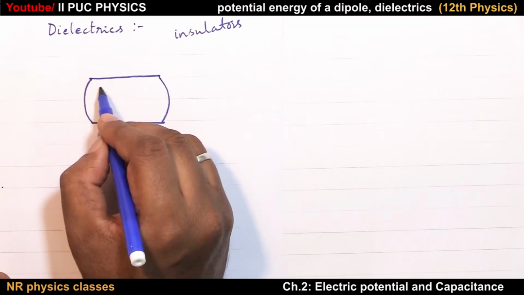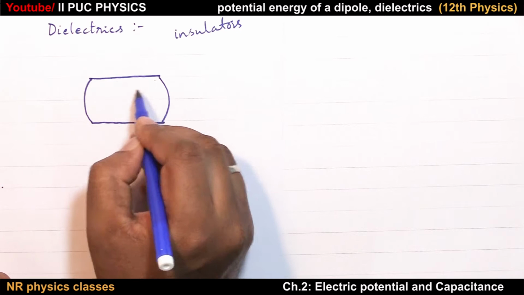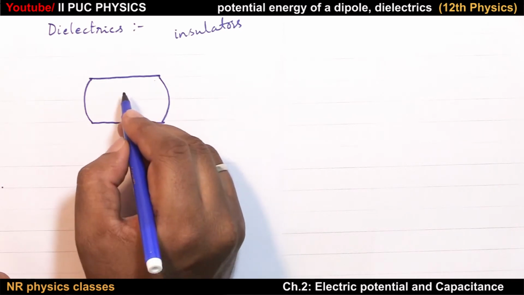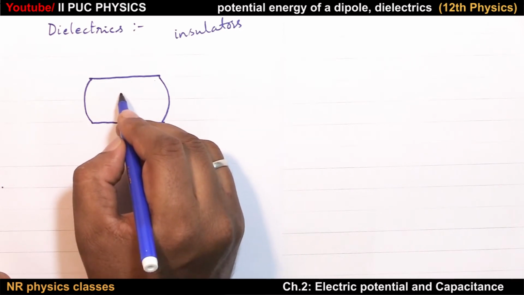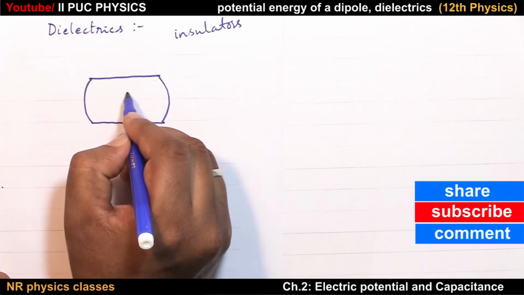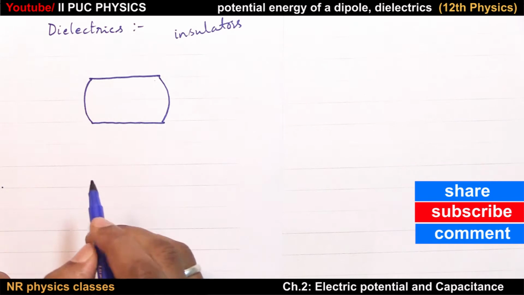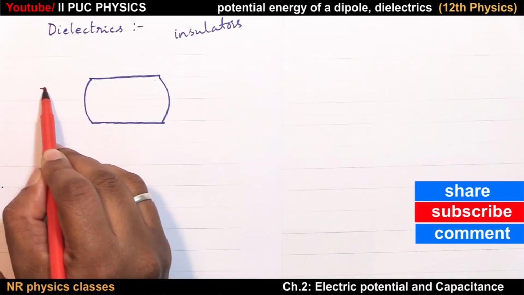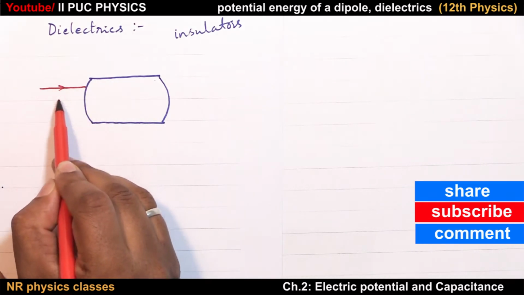There are conduction electrons, free electrons. That is why they are called conductors, right? So conductivity is because of only electrons. Now to this conductor, an electric field is applied. Let this be the external electric field.